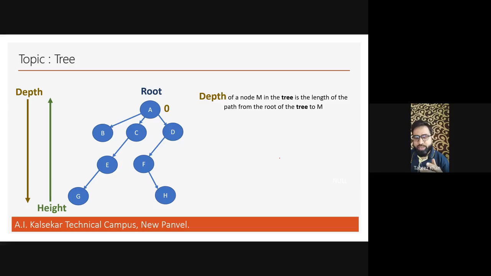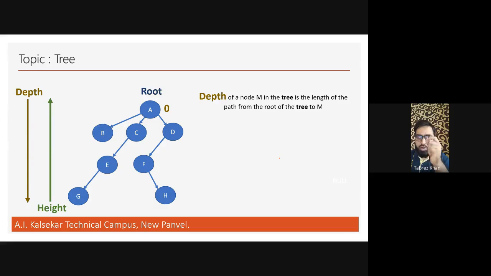Because depth starts from the root node and goes to the node whose depth you want to find. I want to find the depth of the root itself, so I'm starting from root and ending at root. The path from root to root is 0.